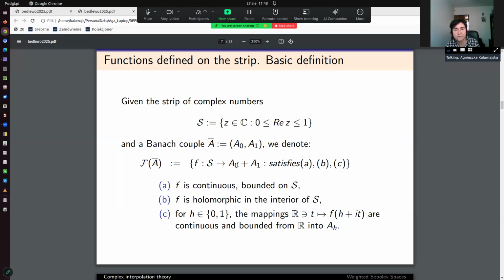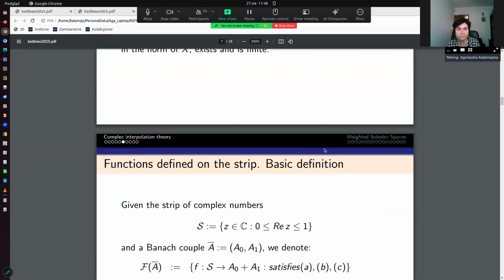Also this is a linear space, so we can speak about its continuity and boundedness as a map from S to the Banach space A0 plus A1. Then, F is holomorphic in the interior of S. In which sense do I mean holomorphicity?